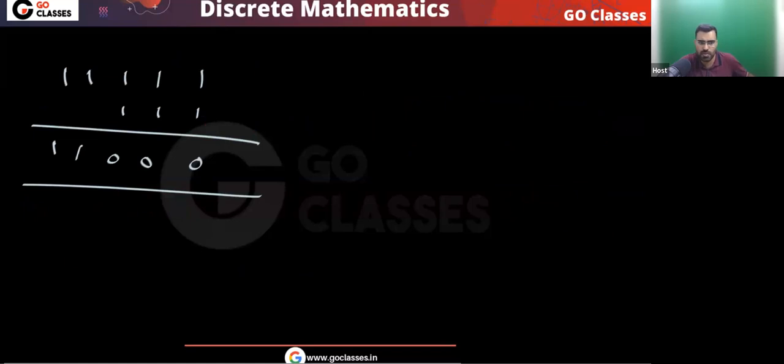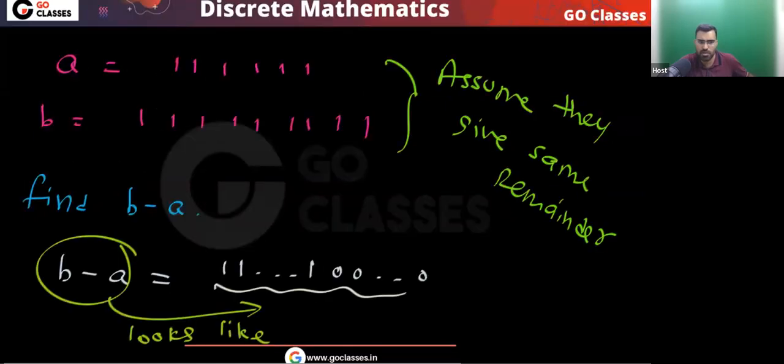So understood? Who is followed by whom? 0 followed by 1 or 1 followed by 0? Here, who is following whom?